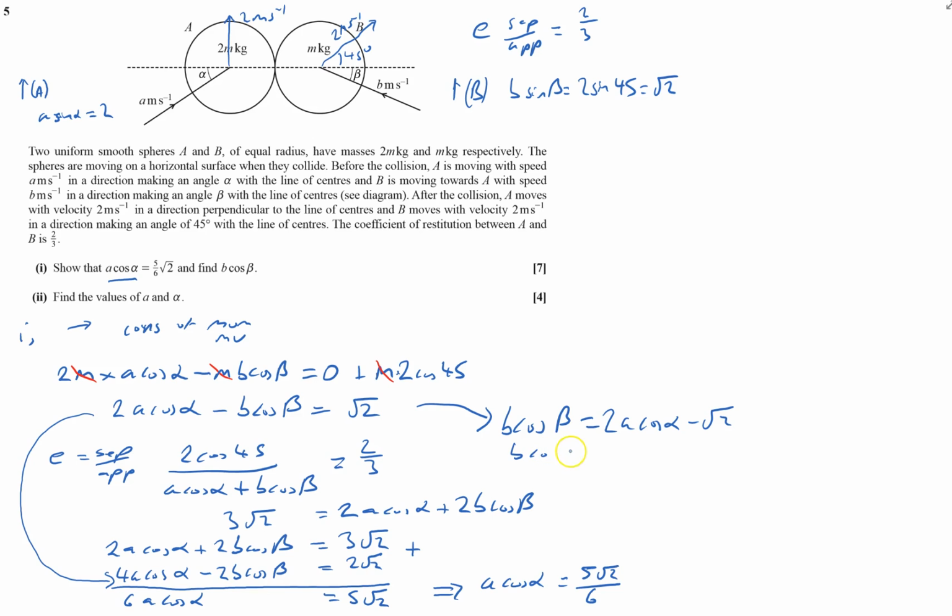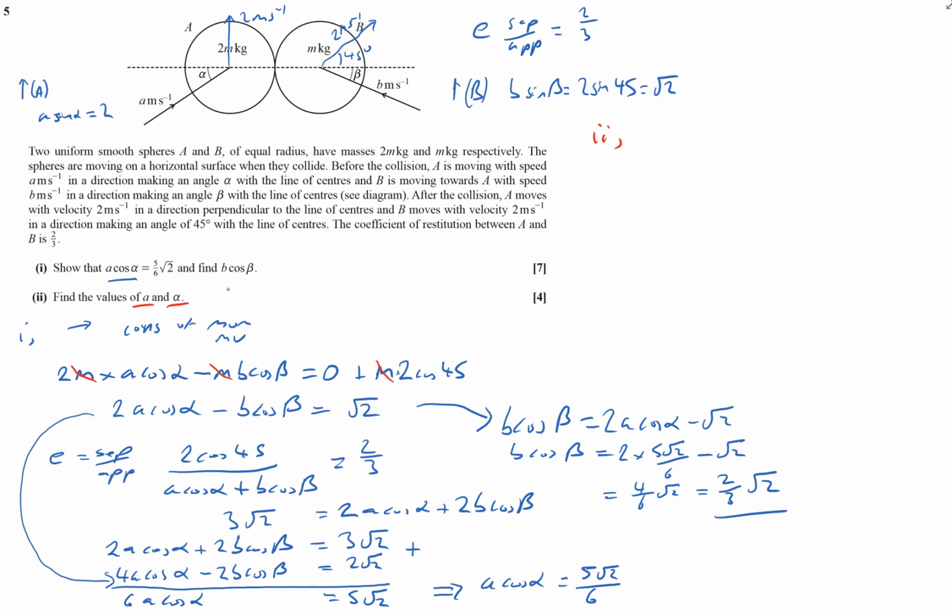So B cos beta equals 2 lots of this, so that's 2 times 5 root 2 over 6 minus root 2, and so that's 10 root 2 over 6 minus 6 root 2 over 6, that'd be 4 over 6 root 2, which equals 2/3 of root 2. So I've done that bit, and then finally part 2, find the values of A and alpha.